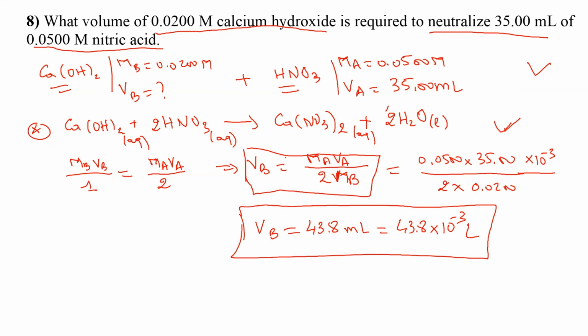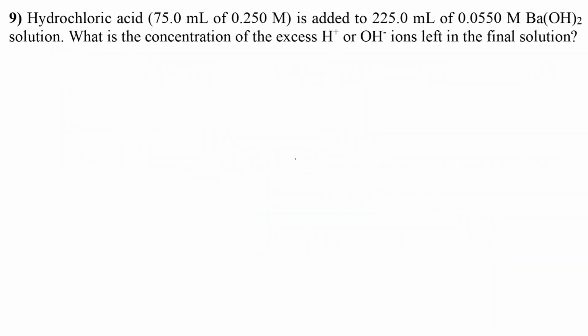Okay, let's move to the last problem, problem number 9. So 75 ml of 0.25 molar hydrochloric acid is added to 225 ml of 0.055 molar barium hydroxide solution. What is the concentration of the excess H plus or hydroxide ion left in the final solution? Okay, so let's make the setup. We know that we have hydrochloric acid, HCl, which is our acid.